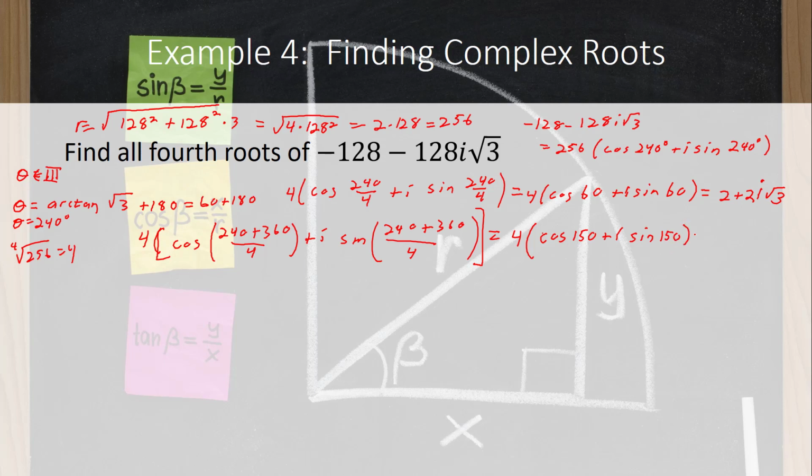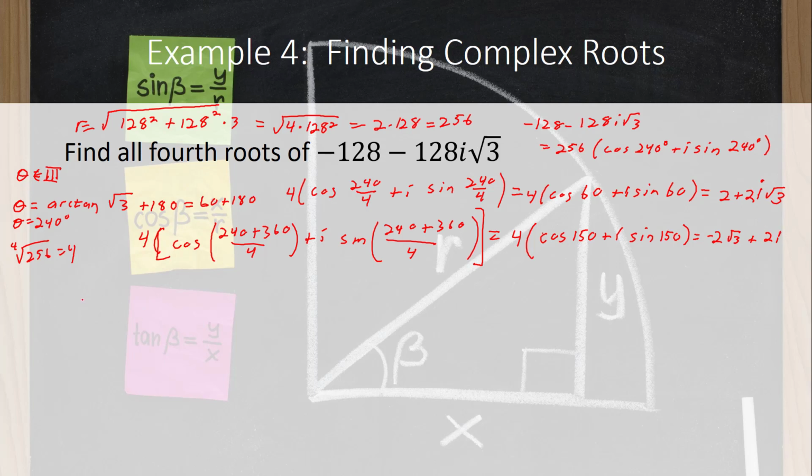The cosine of 150 is going to be negative root 3 over 2, so this is going to be negative 2 times the square root of 3 plus 2I.